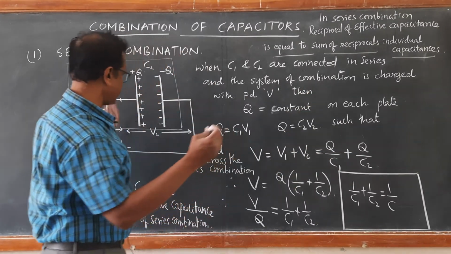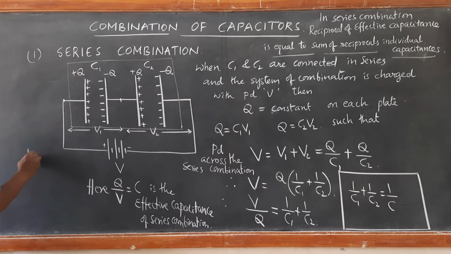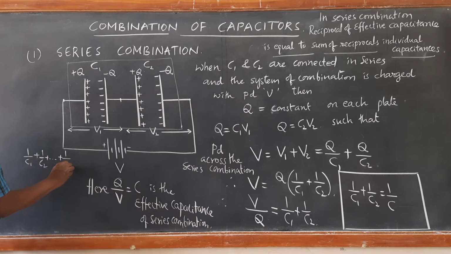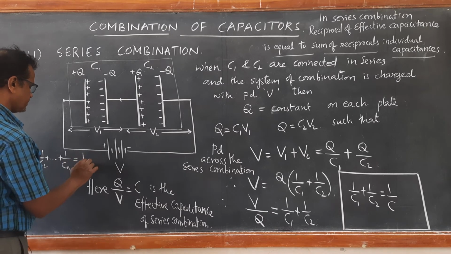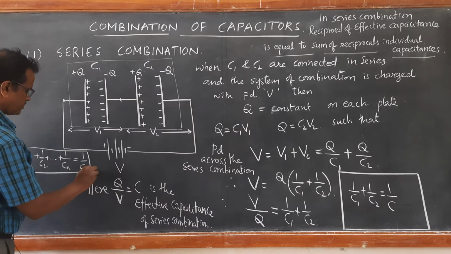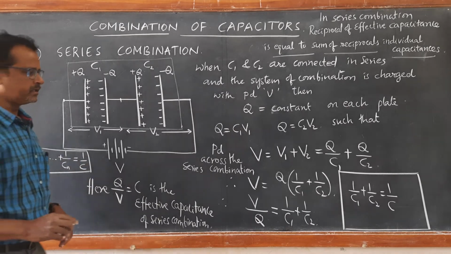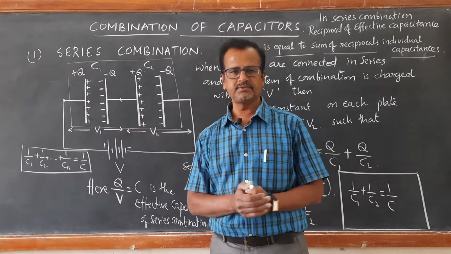If there are n number of capacitors, you can just write 1 by C1 plus 1 by C2 plus and so on, 1 by Cn, where n represents nth capacitor Cn, then that becomes 1 by C. So, this is the equation to find the effective capacitance when the capacitors are connected in series.